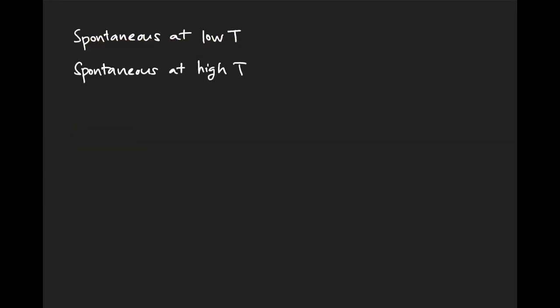Finally, a process that is spontaneous at low T is also commonly referred to as enthalpy driven, while a process that is spontaneous at higher temperature is called entropy driven.